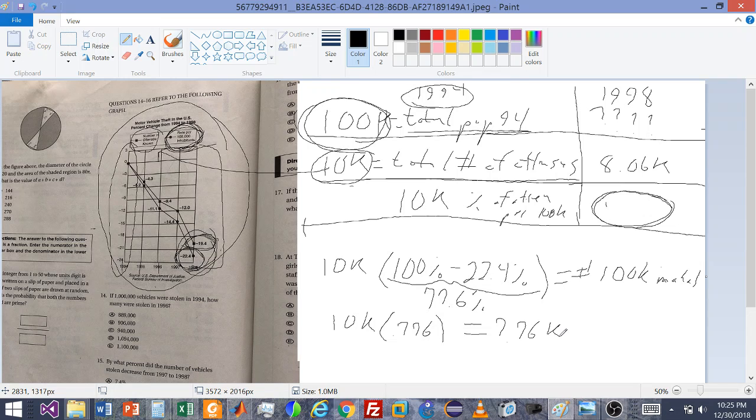So now we know this number also, 7.76 thousand. So finally we can set up, using that initial equation, the relationship between the total population, the per 100,000 versus per total population.